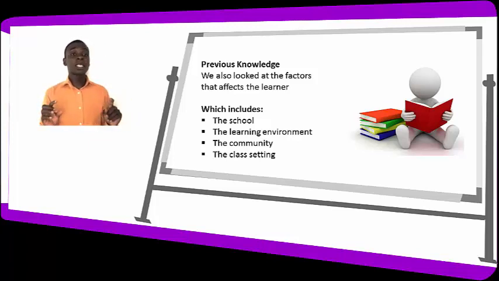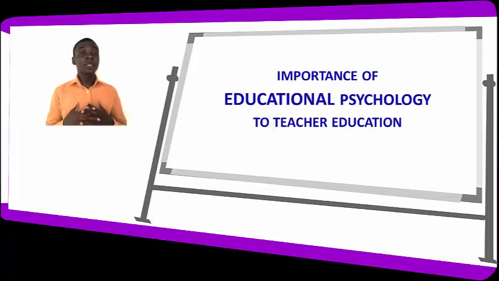I told you in the last lesson that any of these factors, if they directly influence the learner, for example the class setting, if it is not well ventilated or you don't have good light, the learning process and the learning situation might be interrupted somehow, and it will reduce the quality of the learners. So in this lesson, we are looking at the importance of educational psychology to teacher education.